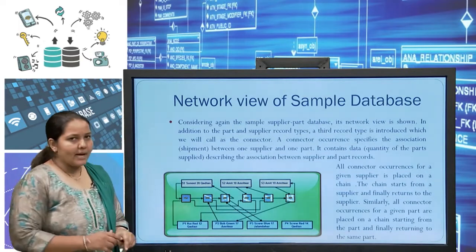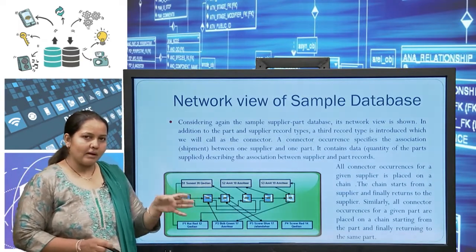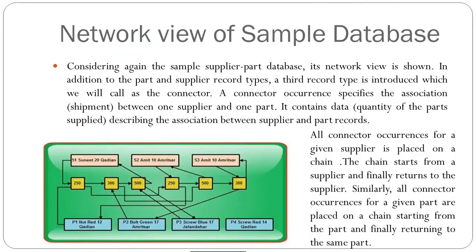So, this is the example, where we are again dealing with supplier, part and shipment. You can see here the quantity in shipment is different, just a different row and column. These are all the supplier and shipment records. If I am adding one more, then I have to change the entire structure by adding one supplier, adding one quantity, and I have to make a connector for which supplier supplies what.